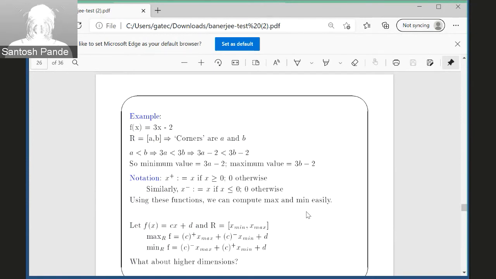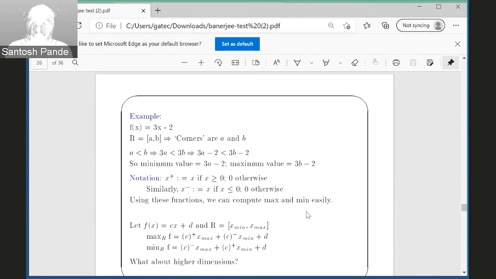So let us look at a simple function, f of x equals 3x minus 2, and we have here the domain, the closed interval a comma b, and we want to find out the minimum and maximum values of this particular function given certain constraints.